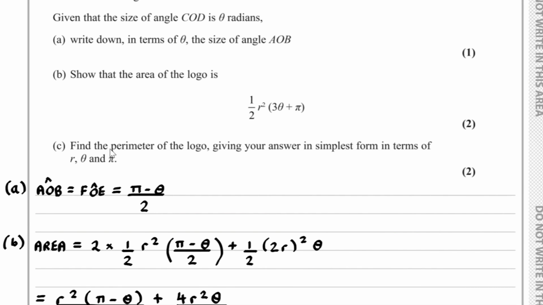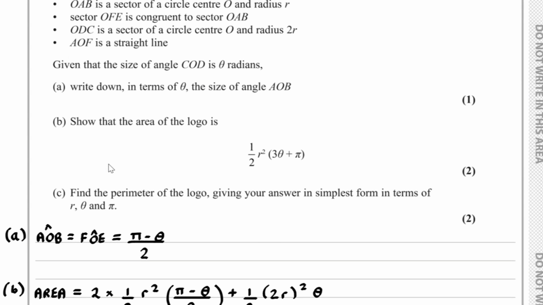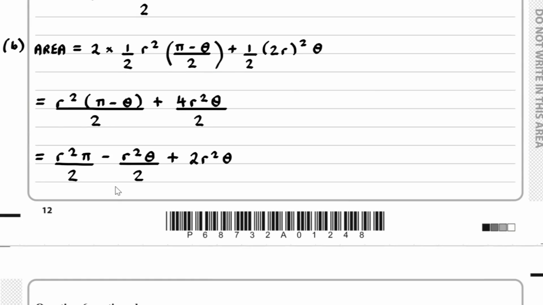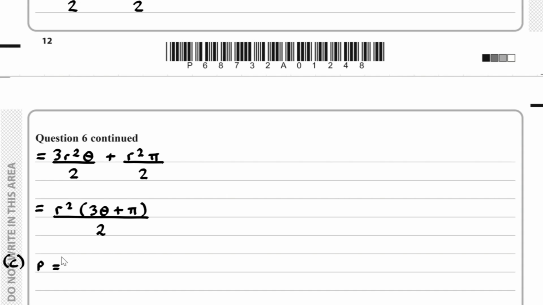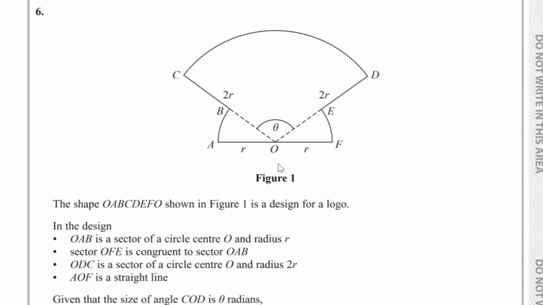Now for part C, we have to find the perimeter of the logo, giving an answer in simplest form in terms of r, theta and pi. For the perimeter P, well, the length over here, r, is the same as this length over here, also r.